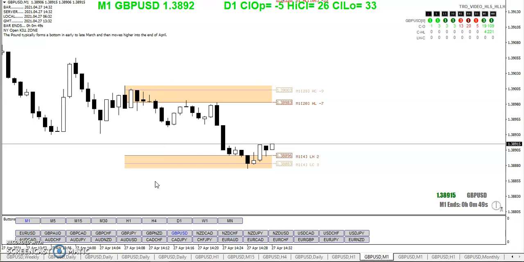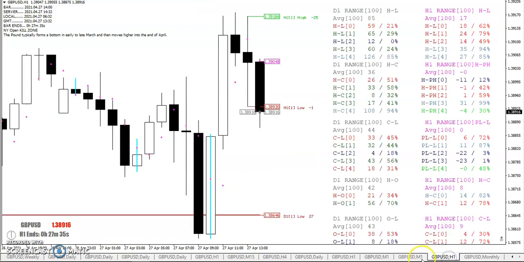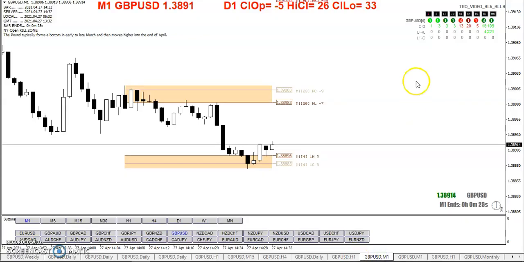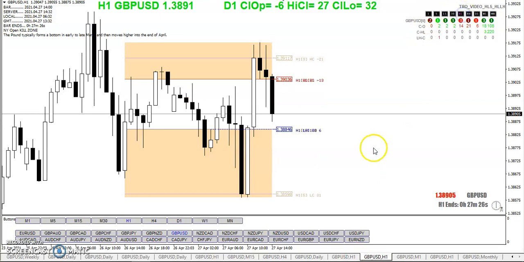The previous hour, you had a potential of picking up 10 pips. This hour, you had a potential of 16 pips. The previous hour before that one, you could have picked up, oh gosh, a ton of pips. I don't even know how many. It's too big to fit on my screen. Yeah, you could pick up 30 pips.